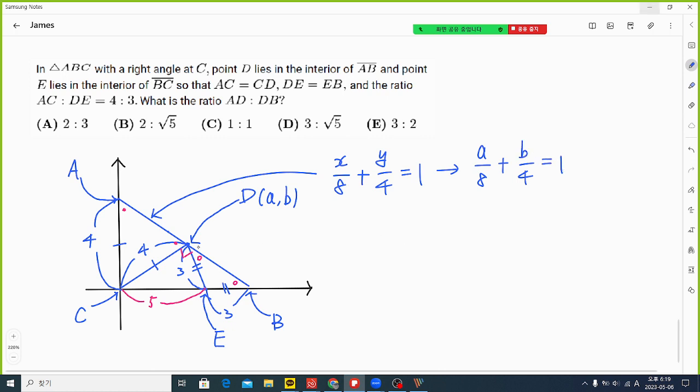And then the length of CD is 4, so we can use Pythagorean theorem. Oh, why is this so complicated?